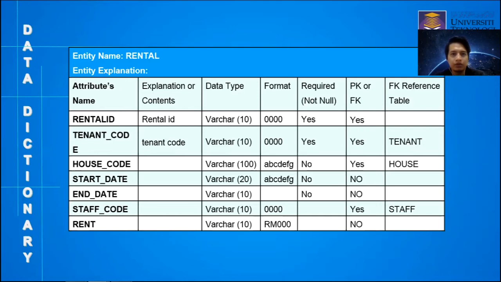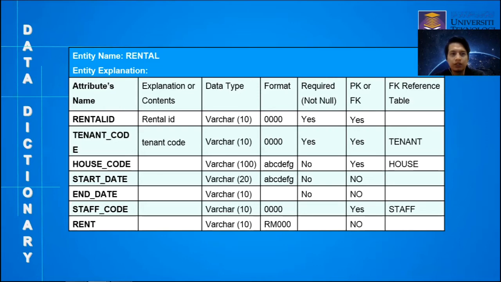And then we also got the primary key or foreign key for each of the attribute names. For example, rental ID is the primary key. And lastly, we have the foreign key reference table, which applies if the attribute is a foreign key. So the foreign key reference table is the tenant.